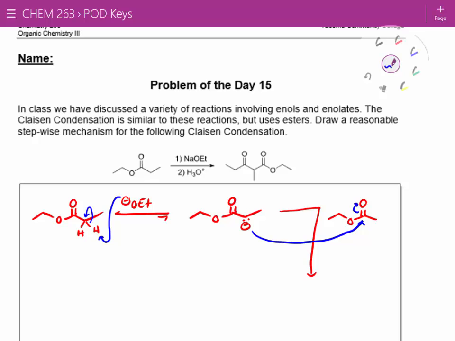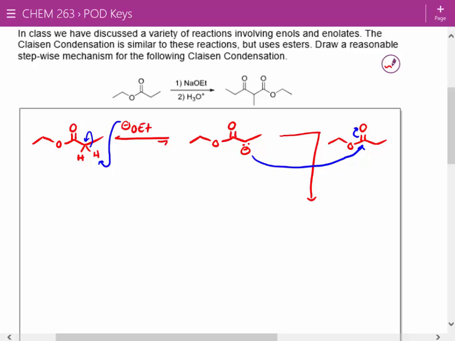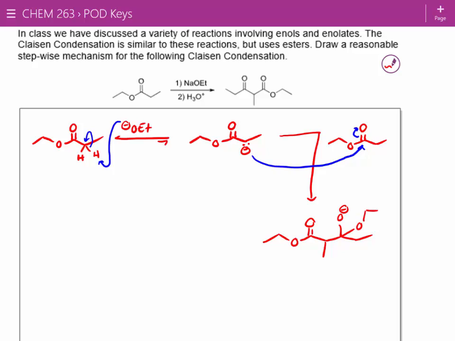Oh, I forgot my full ethyl group. There we go. And we end up with our addition product.